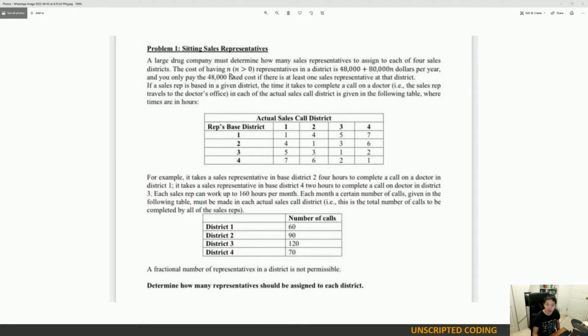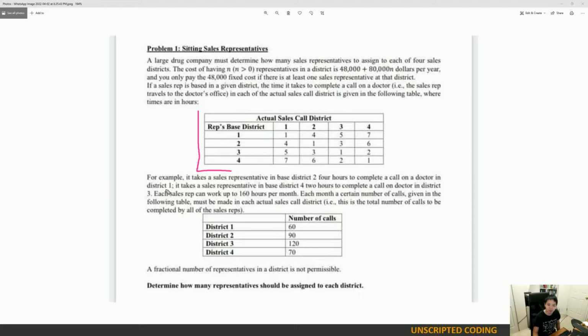The cost of having n greater than 0 representatives in a district is $48,000 plus $80,000 per year, and you only pay the $48,000 fixed cost if there is at least one sales representative at that district. If a sales rep is based in a given district, the time it takes to complete a call on a doctor, as the sales rep travels to a doctor's office in each of the sales call districts, is given in the following table, where the times are in hours.